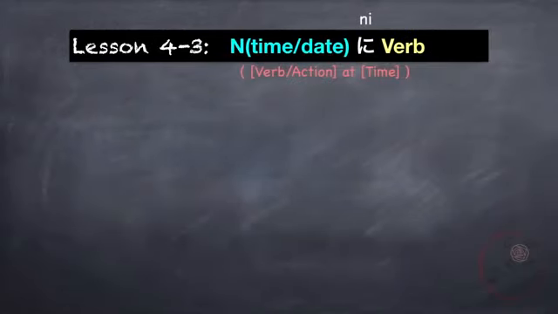Next is a time or date followed by ni. This is a particle that is attached to indicate the time of the action. Time ni, verb, or action at time.